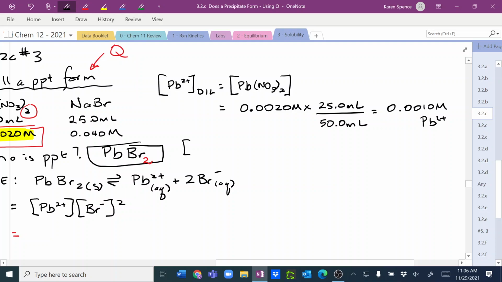The concentration of bromide. Bromide is coming from sodium bromide. How many bromides are in sodium bromide? Just the one.